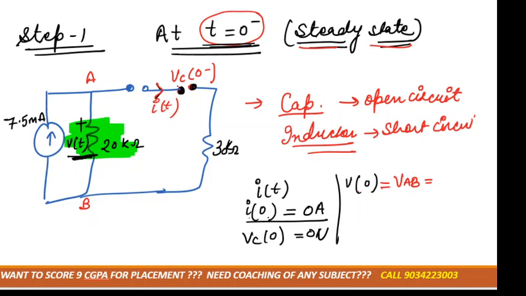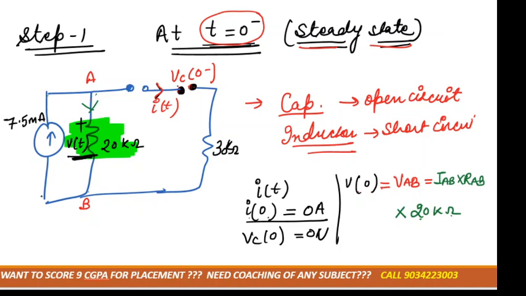The resistance is 20 kilo ohm, correct? And how much current is flowing across AB? If we apply Ohm's law, IAB multiplied by RAB, where RAB is 20 kilo ohm.